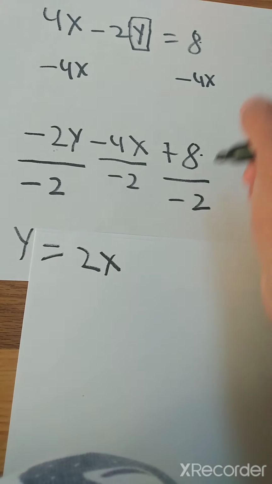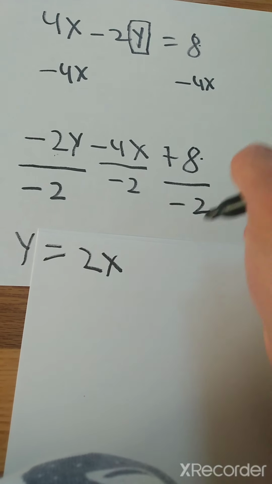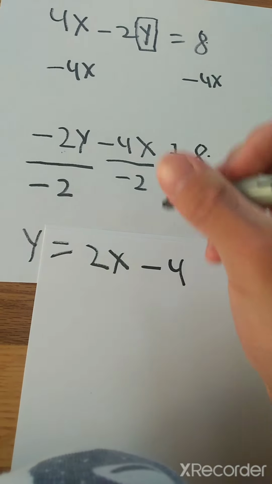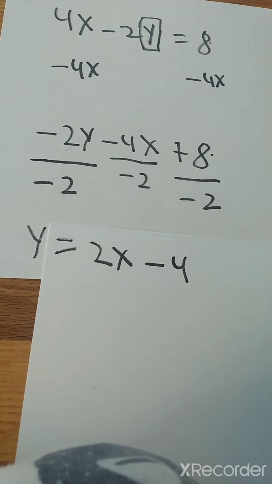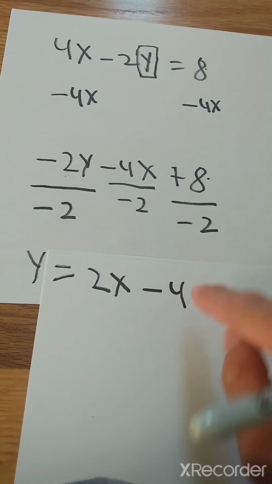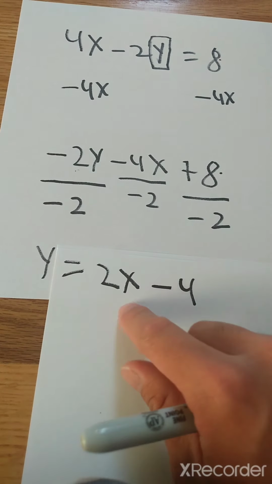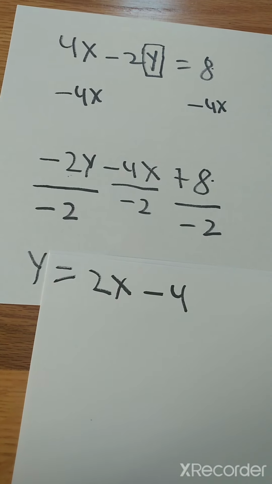Then 8 divided by negative 2 becomes negative 4. So in y equals mx plus b form, we have y equals 2x minus 4.